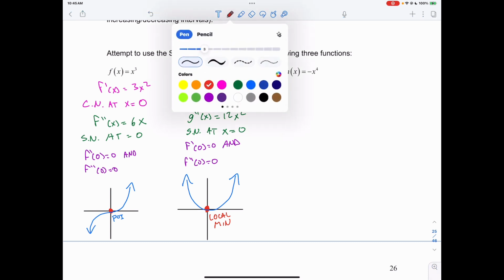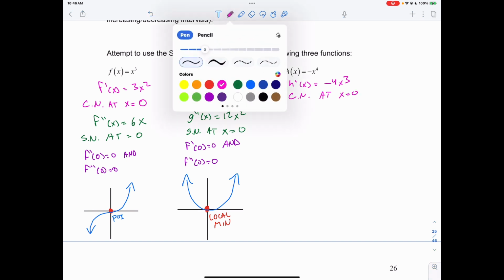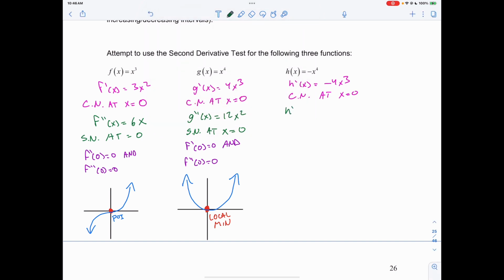In our last case, I have a critical number at x is equal to 0. H double prime of x is equal to negative 12x squared, and I have a significant number at x is equal to 0. Just like the last two examples, h prime of 0 was 0 and h double prime of 0 was 0.